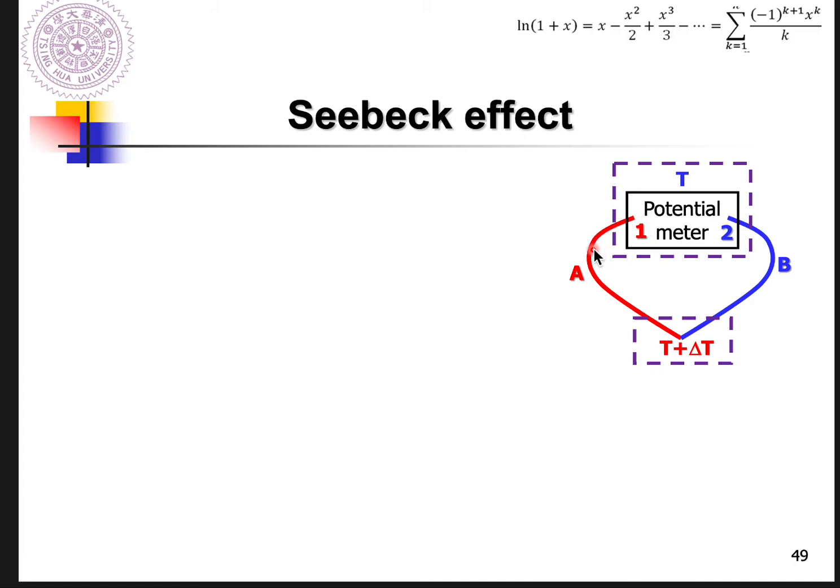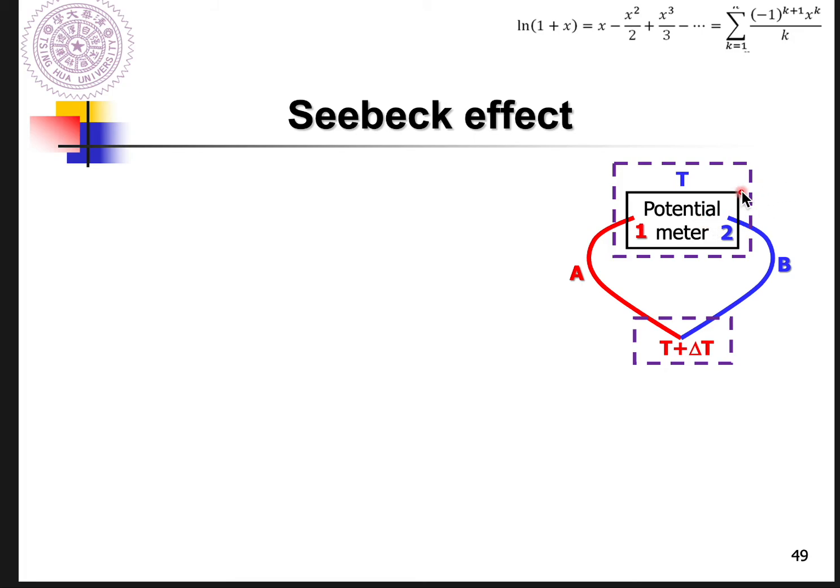This is a typical schematic for a thermocouple. We have A material and B material, two materials, and we make a junction here, and we connect these A and B materials to the potentiometer.